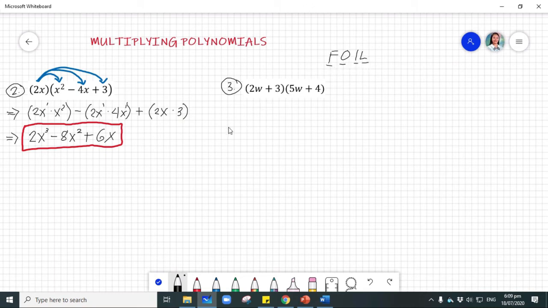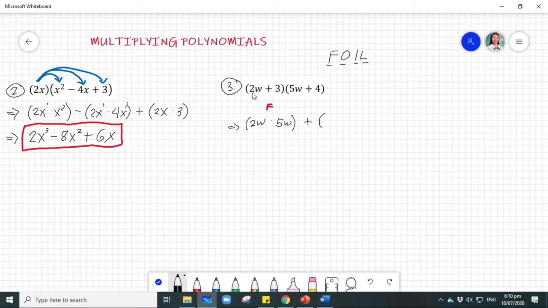Now let's identify what are the first terms of each binomial. So the first terms are 2w times 5w. Now let's have the outer terms.